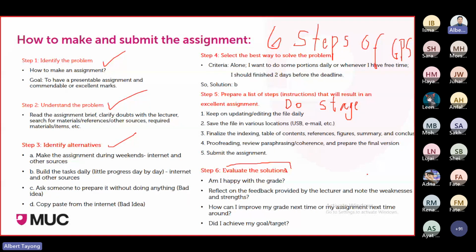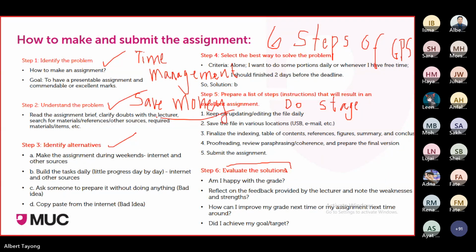Okay, so how to solve this problem? In your test, I might be giving something like time management. Okay, you can practice on this. Time management, for example, or I might be giving something like how to save money. Okay, this can be in mind mapping, or this can be in this type of question, 6 steps of GPS.